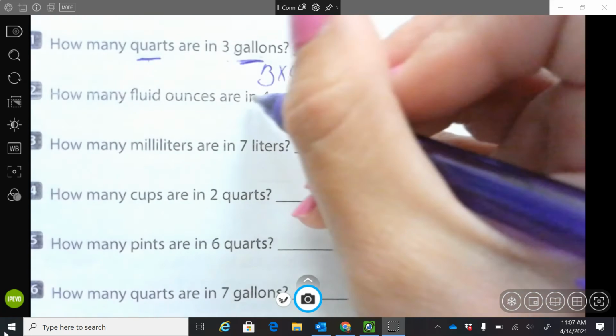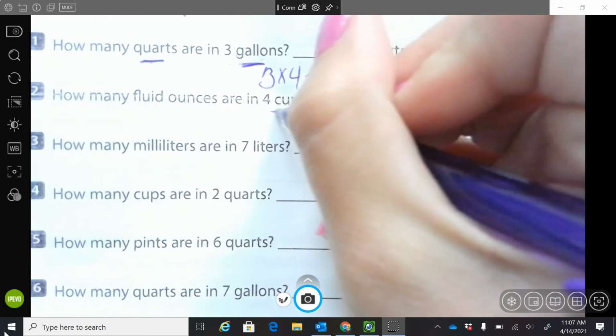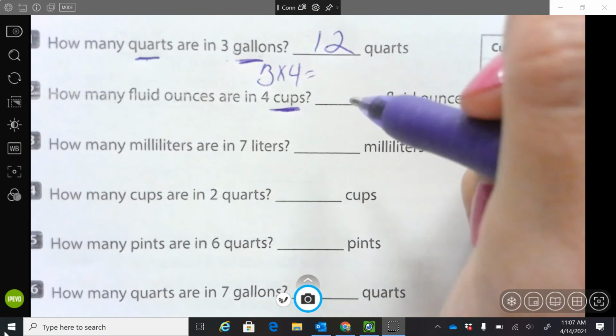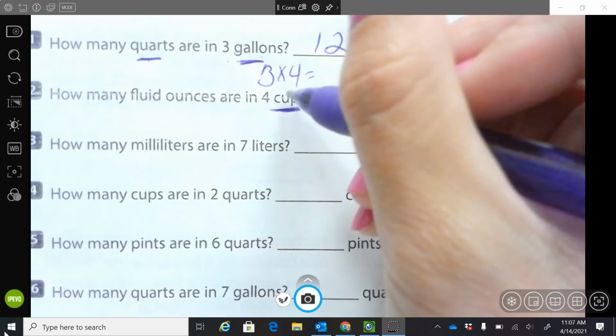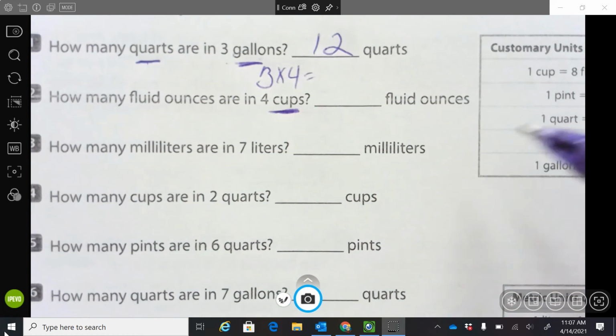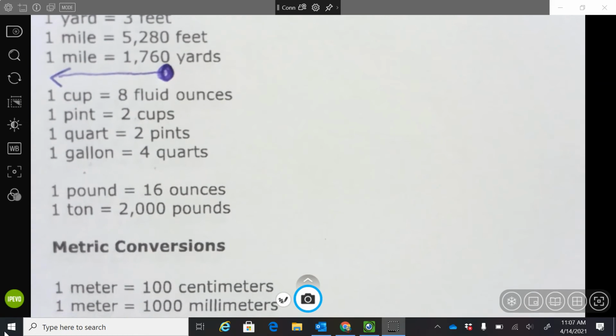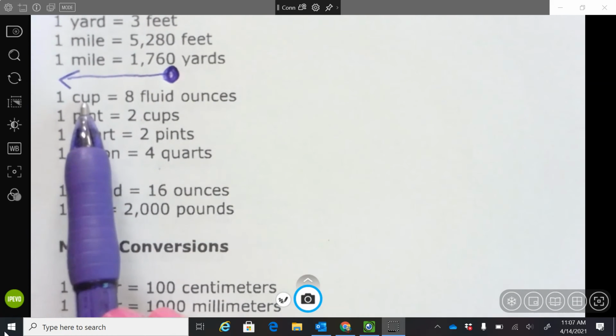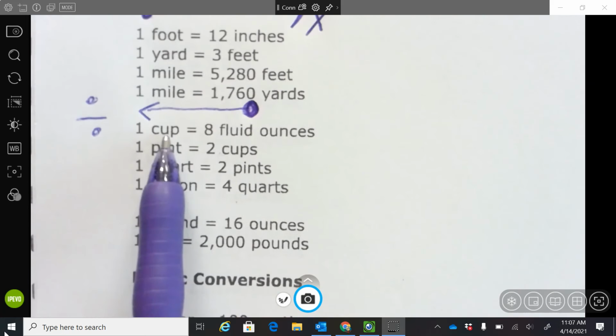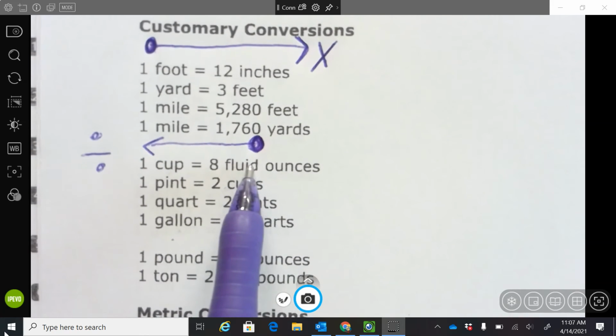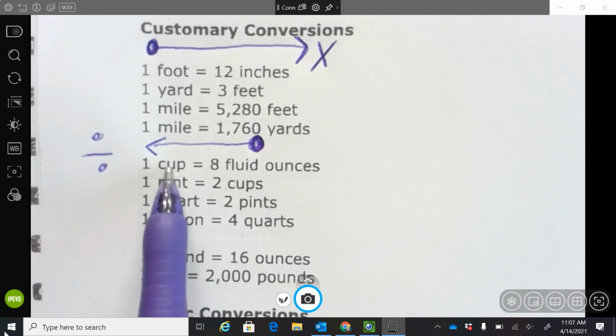How many fluid ounces are in 4 cups? So on our chart, we're going to look for something where we're starting at cups and we're moving to ounces. Cups to ounces. So we're starting here at cups.